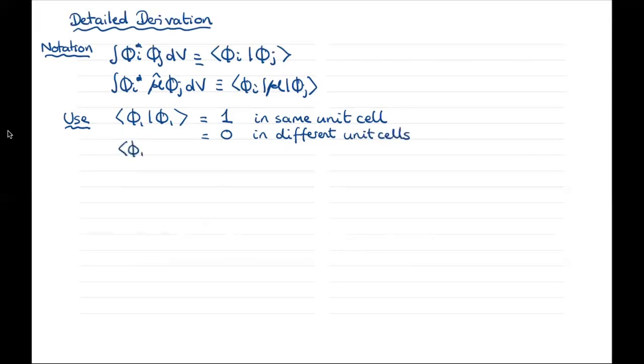In all cases, the integral over phi 1 times phi 2 is going to be 0 because we assume that they're orthogonal. And then for the energies, the integral of phi 1 times the Hamiltonian times phi 1 is equal to alpha 1, again, if the phi 1s are in the same unit cell.